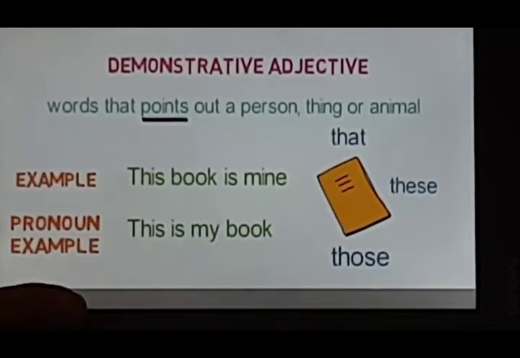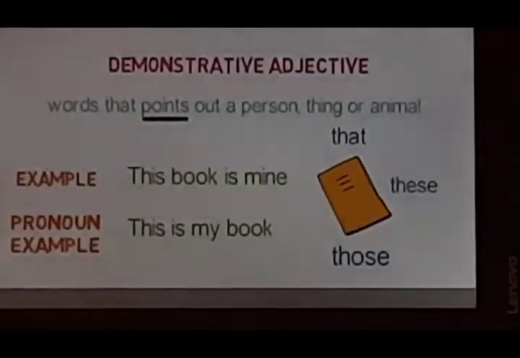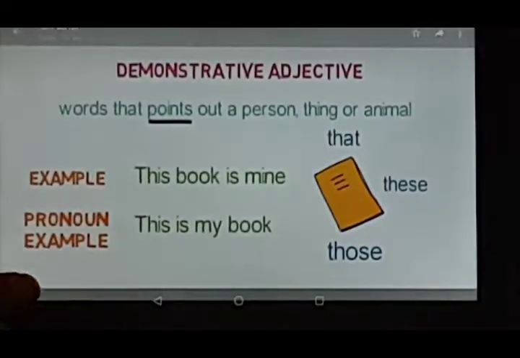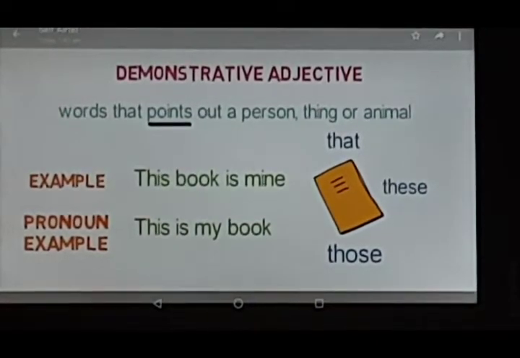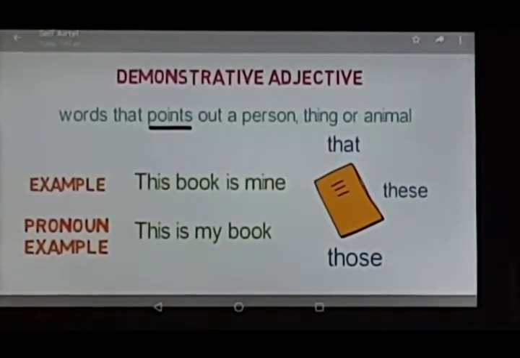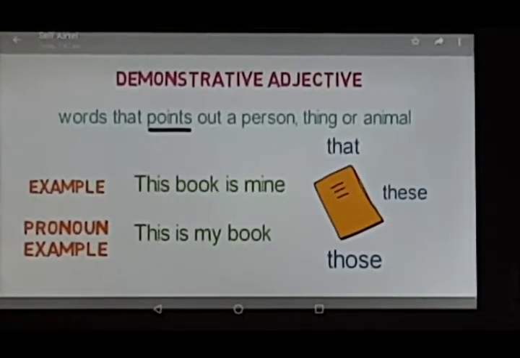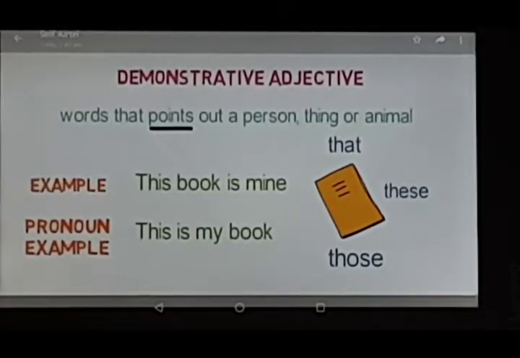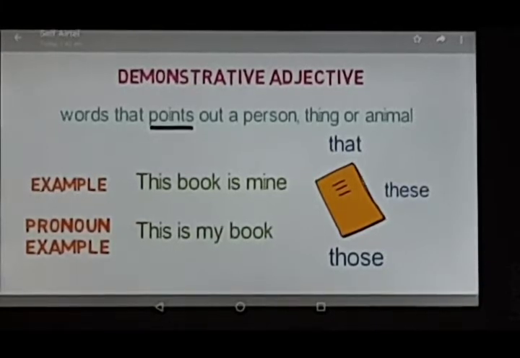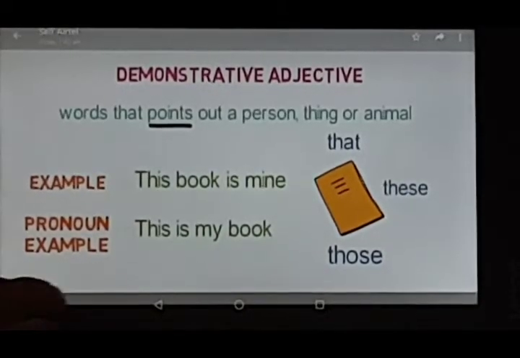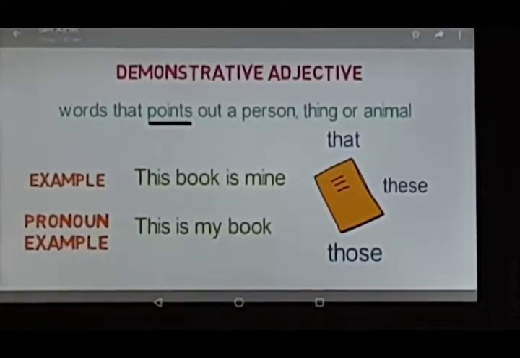One thing which is the easiest way of identifying whether the word this is a demonstrative adjective or a demonstrative pronoun is that a demonstrative adjective is always used just before the noun it is modifying.